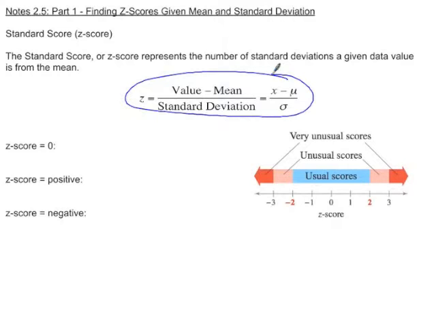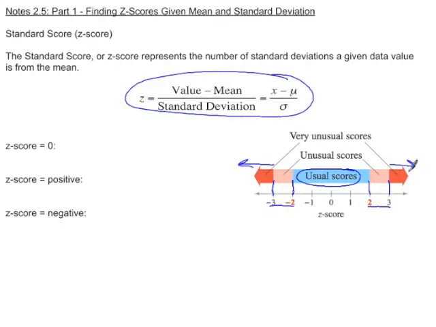Our usual scores right here fall within 2 standard deviations of the mean. And a z-score will tell us how many standard deviations away from the mean that data value is. We have unusual scores between 2 and 3 standard deviations away from the mean, either in the negative direction below the mean or the positive direction above the mean. And finally, our very unusual scores are outside of 3 standard deviations from the mean.